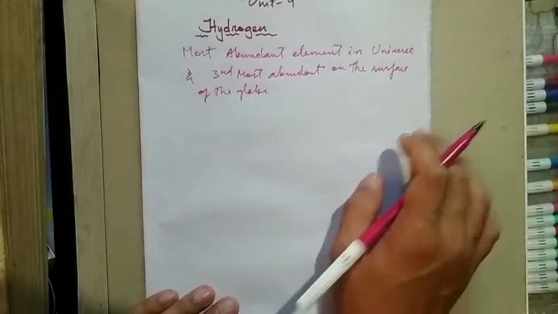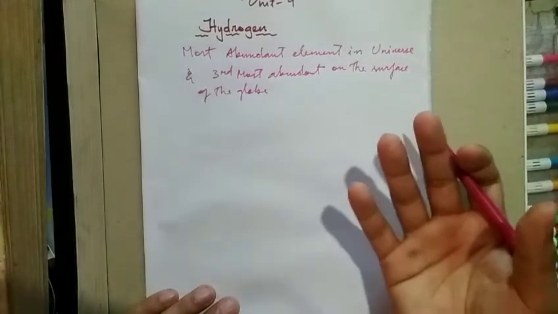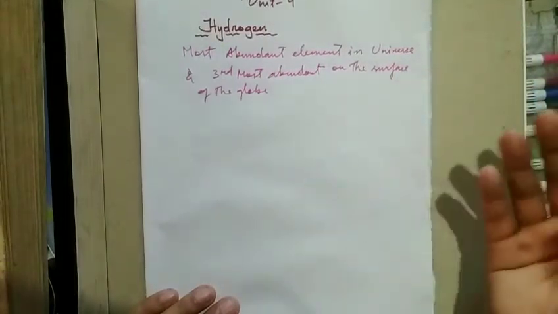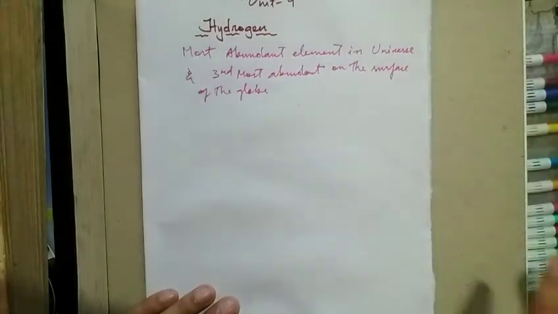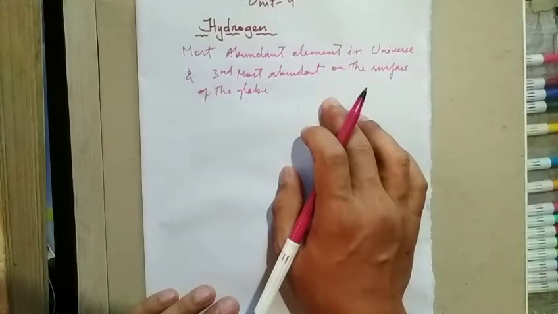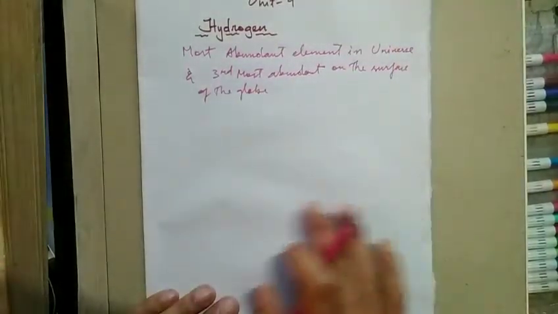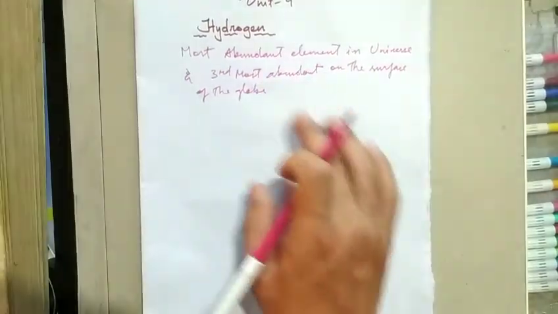In the universe, in space, hydrogen is abundant. If you study stars, nebulae, black holes and so on, you will come across hydrogen. But we won't go further into those details. So this will be the introduction.